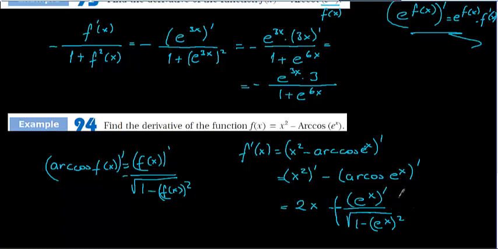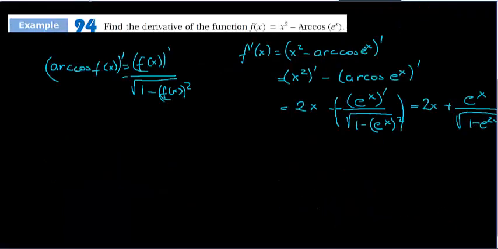Then it's equal to 2x plus the derivative of e to the power of x, which is e to the power of x over the square root of 1 minus e to the power of 2x. This is the end of the question.